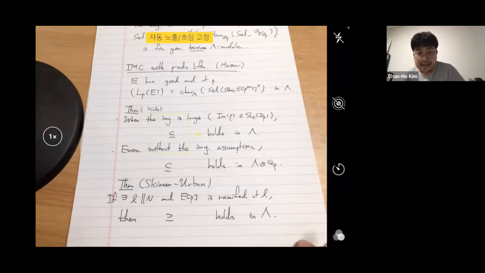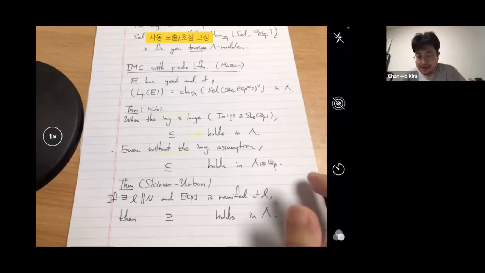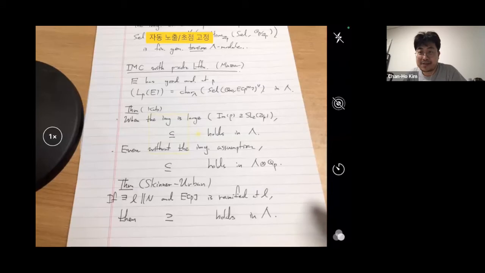In that case, many things are, in some sense, more difficult because, as I said, a counterintuitive principle of Iwasawa theory is that infinite extension is easier.